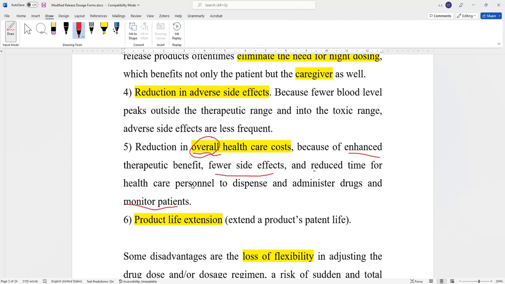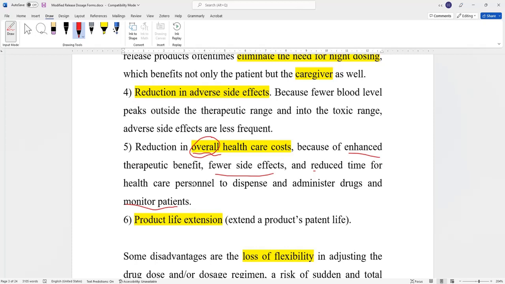So compared to this, the generic drug product will be much less expensive, because these other pharmaceutical companies that want to imitate the original company don't spend as much money as the original company did. Okay, so by a little fraction of the cost the original company spent, the new pharmaceutical companies will be able to develop their product.